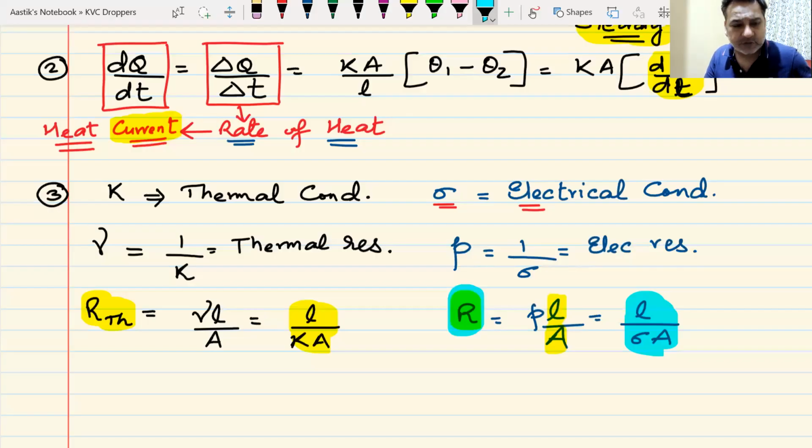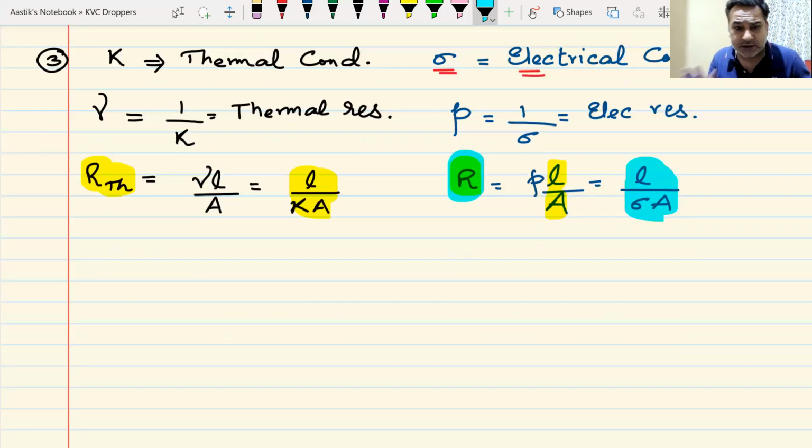Okay, that's good that you have completed this. Now, why are we doing this? Why are we equating the terms that we are studying here in conduction to the terms that we had studied in electric current?